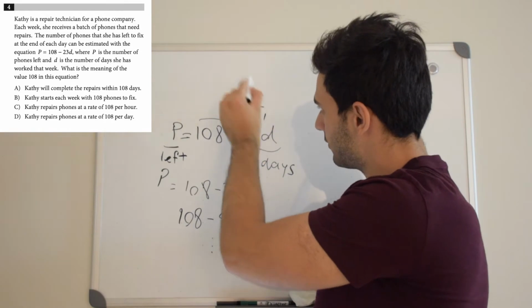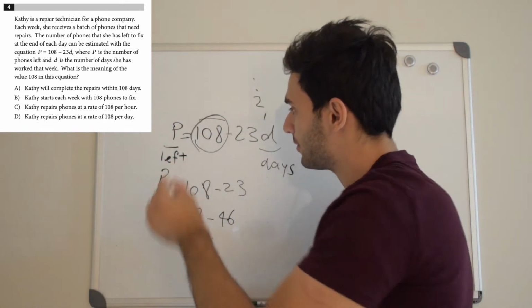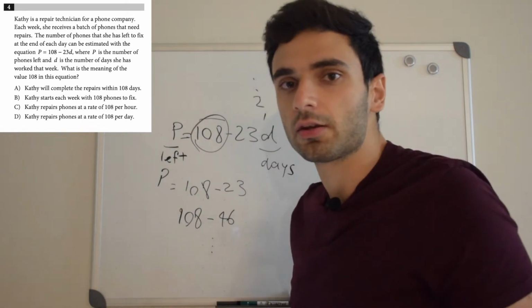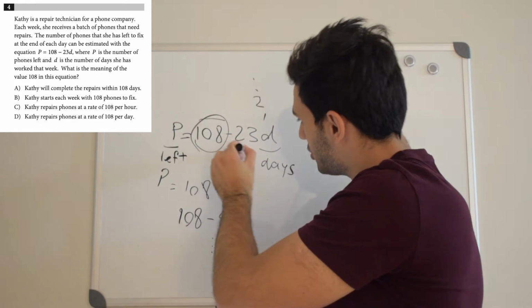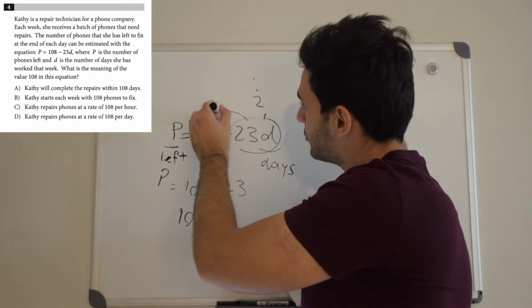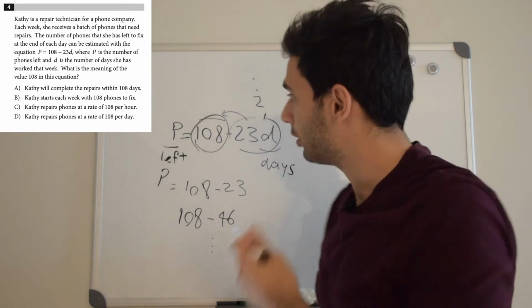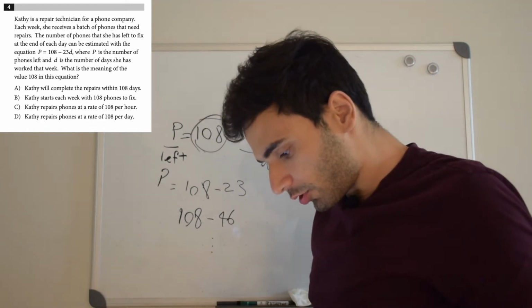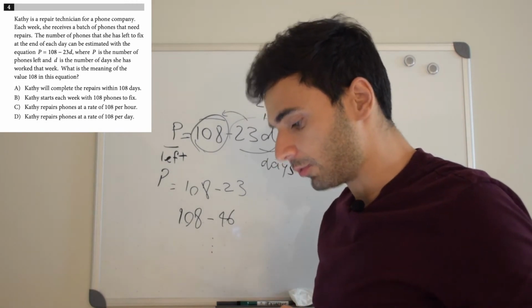So what does that represent? The 108 represents the number of phones at the beginning of the week, because each day the number of phones that she repairs will be subtracted from 108. So it means she starts the week with 108. So B is the answer. Kathy starts each week with 108 phones to fix.